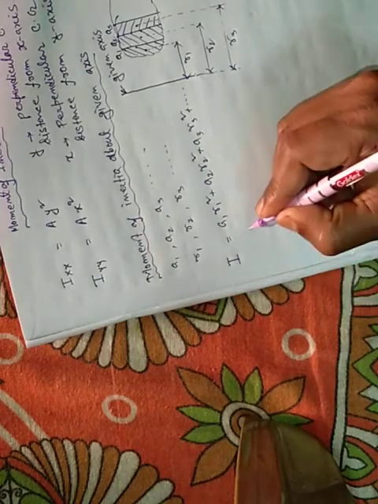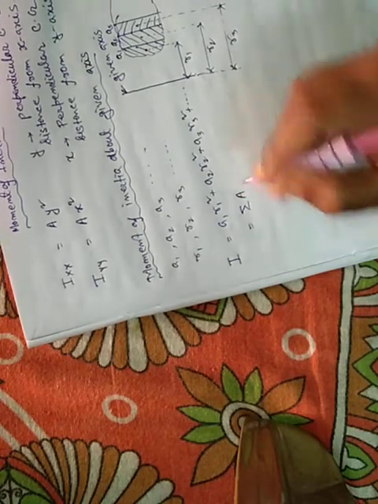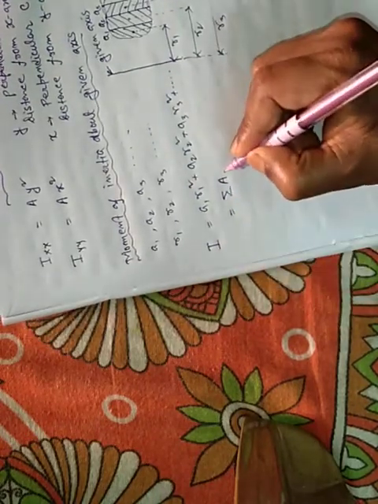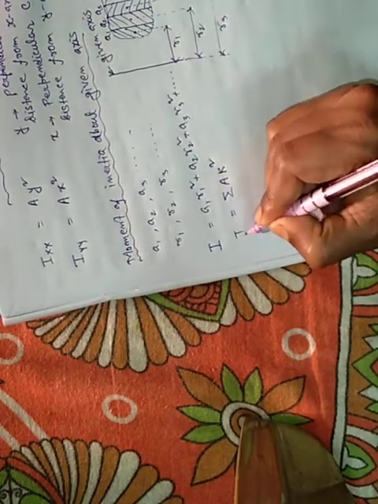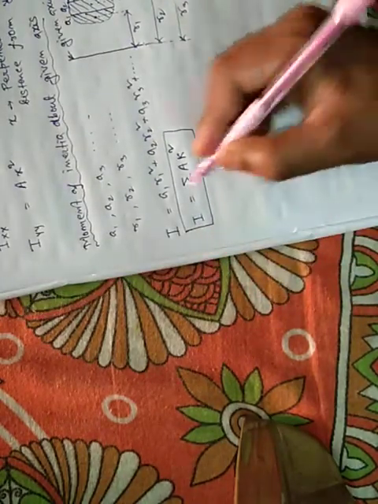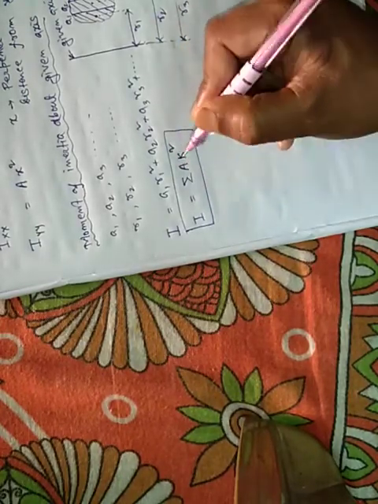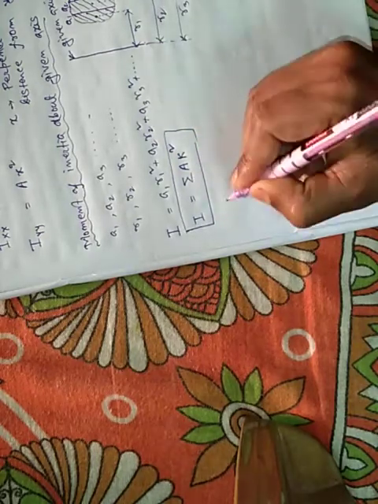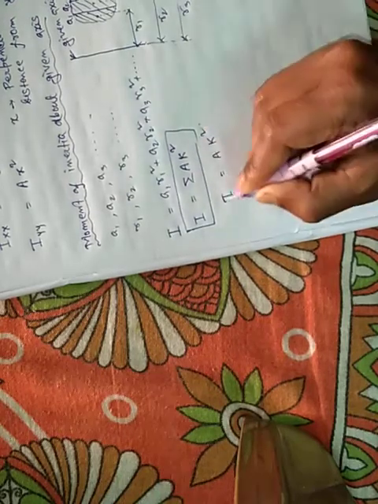Now if I sum it, it will be summation of A into k square. So I equals A into k square.